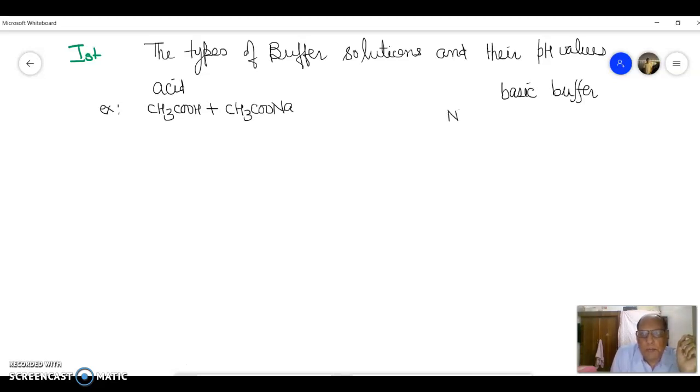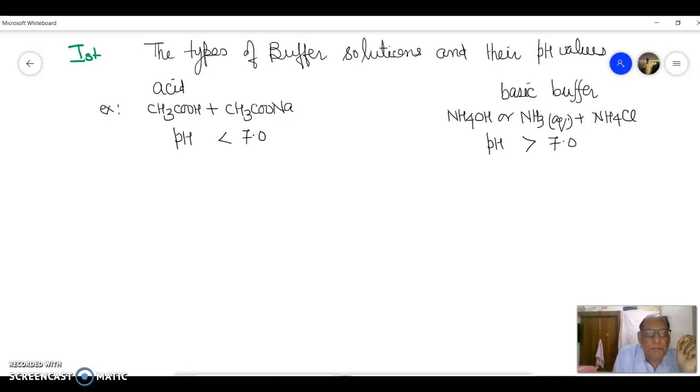And similarly, ammonium hydroxide or aqueous ammonia mixed with ammonium chloride or ammonium sulfate makes a basic buffer solution. The common notion among the students is that the pH of an acid buffer solution is less than 7 and the pH of a basic buffer solution is more than 7.